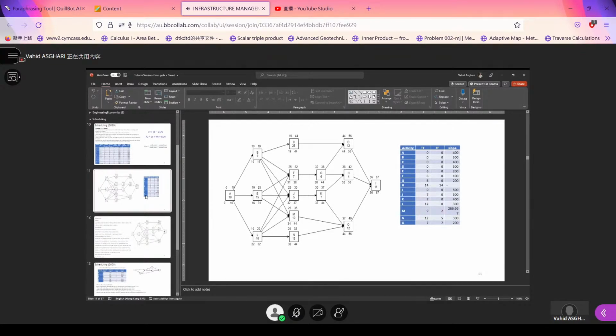Anyone? You can Google it if you want. There is a difference between total float and free float. I'm going to give you 30 seconds to Google it if you want, because I want to make sure that you know the difference.